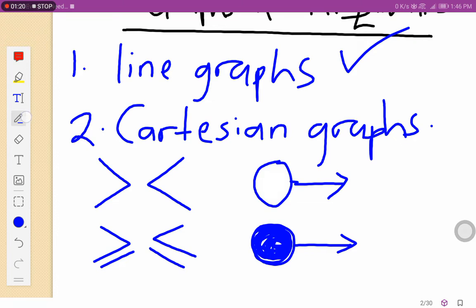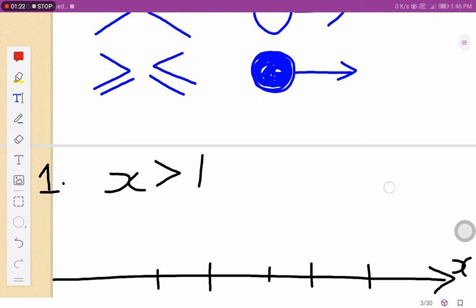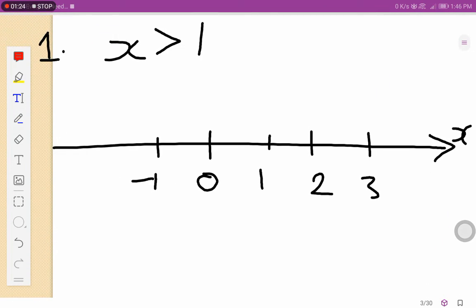Let's have some examples. I've got this first one: x is greater than 1. So I'll go to 1. My 1 is there on my number line. This is the line graph on the number line where we have our x there. Okay, so when we do that, I'll go and say I've drawn my 0 representing x is greater. Then I want to point where is my x values.